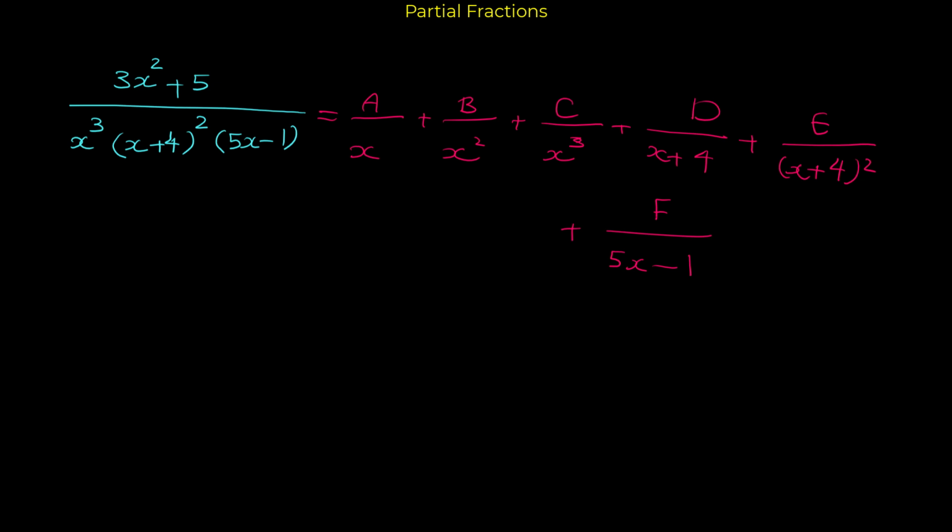And of course, finding all of these unknowns needs a lot of calculation, and usually we use software to find them. Finding these unknowns by hand, if you want to do it yourself, is not really easy. So we leave this example here and we move to the next example.